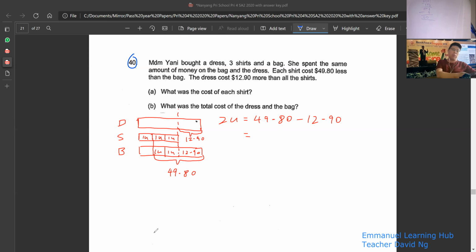Can you tell me what's 49.8 minus 12.90? $36.90. Yes, $36.90.